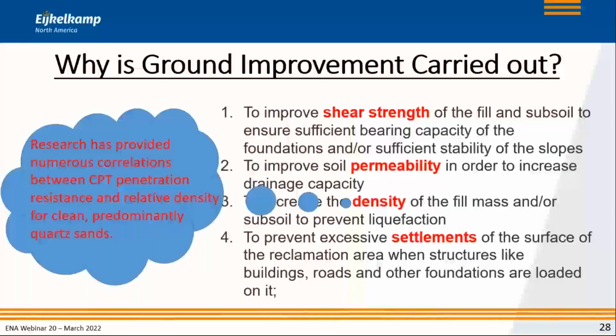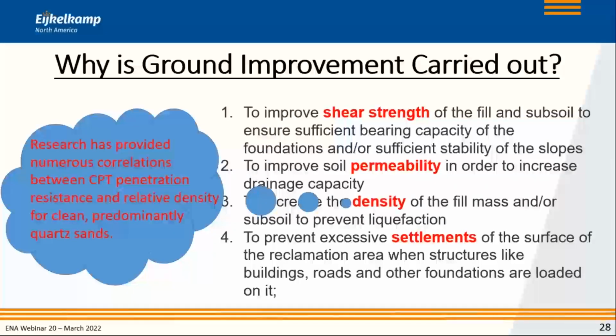Then when it comes to the density, I don't necessarily want to give you the equations. And again, in the book that Peter put together that I showed you earlier, he has a section on that as well. But research has provided numerous correlations between CPT penetration resistance and the relative density, especially in sands, in the granular soils.